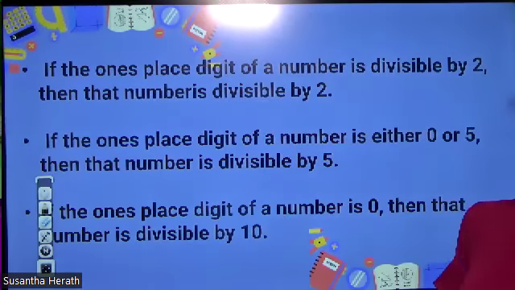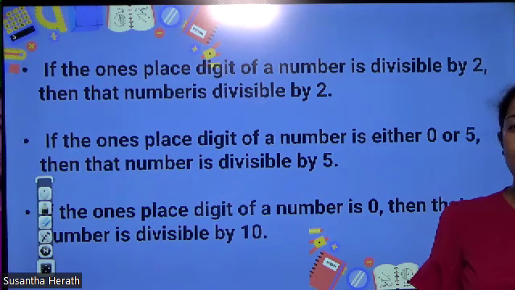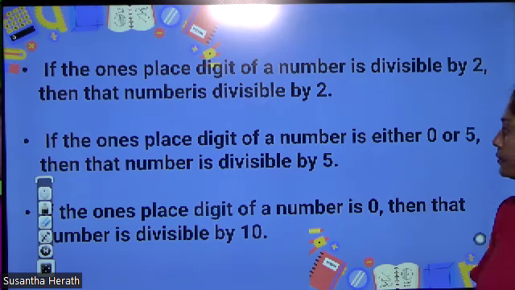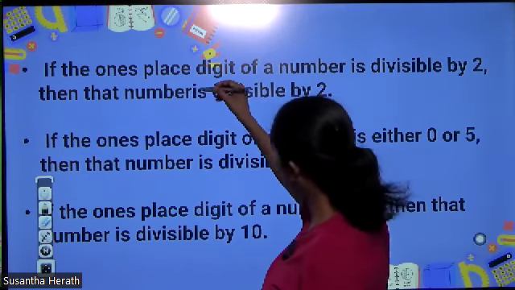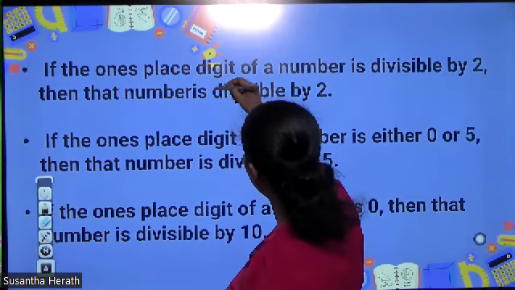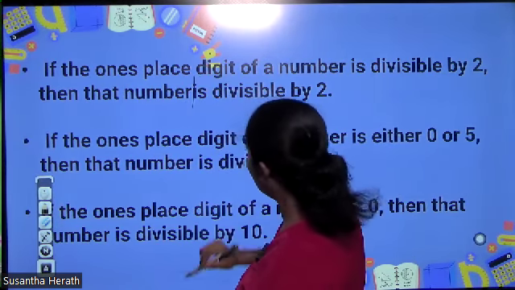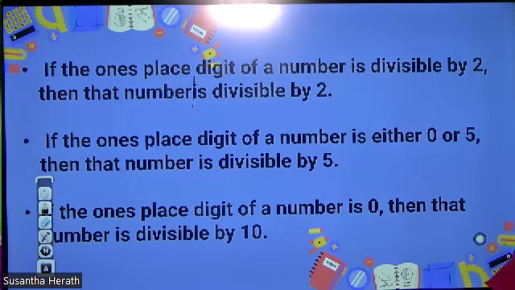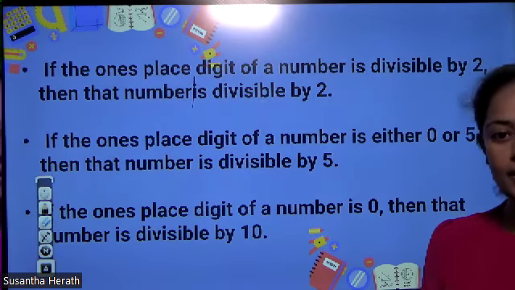If the ones place digit of a number is divisible by 2, then that number is divisible by 2. Here, this should be separate. Then write down the examples.